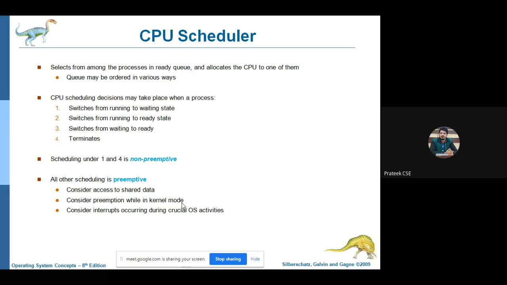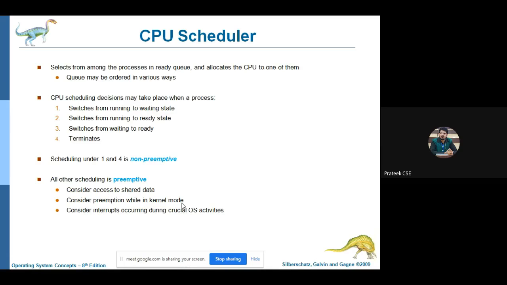Whenever a process switches from running to waiting state, running to ready state, or it simply terminates, and if any process switches from waiting to ready state, then in all these cases the CPU scheduler has to take a decision.